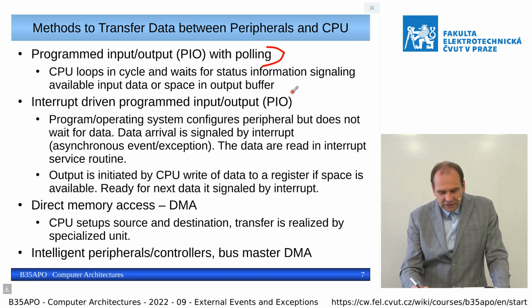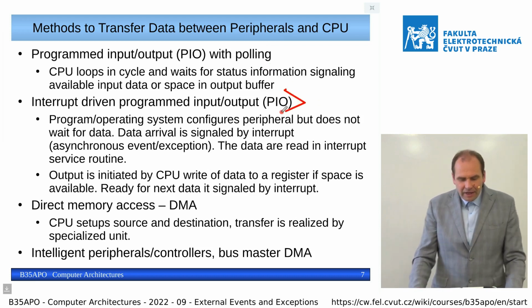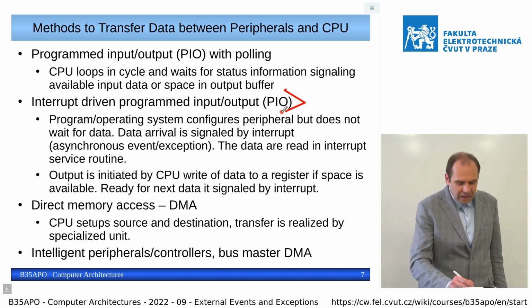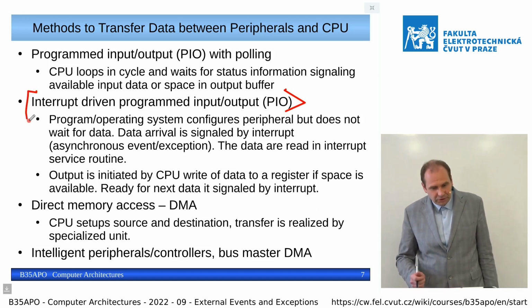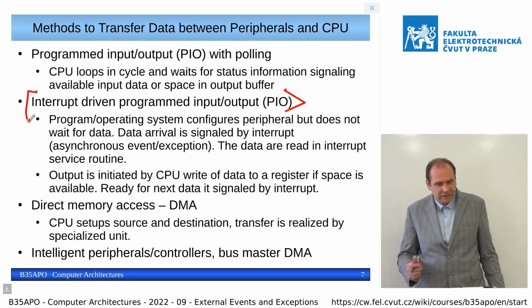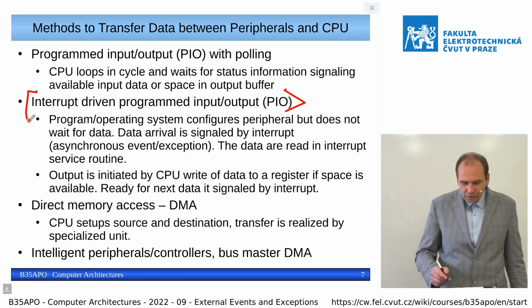So for this reason, most processor systems are equipped with some mechanism which allows notifying the processor about external events, maybe input, output, or some errors, overheating, and so on, asynchronously.